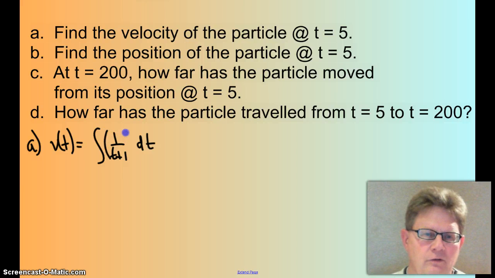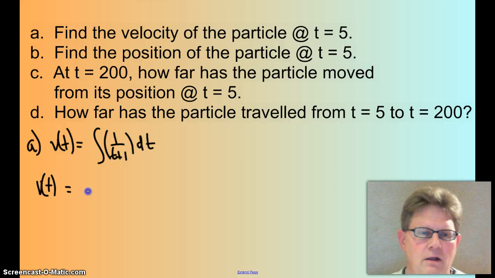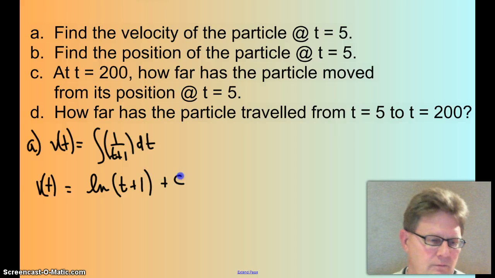Hopefully by now you guys know that this is like 1 over t. Alright, so that would be the natural log. So v of t equals ln of t plus 1 plus some arbitrary constant.